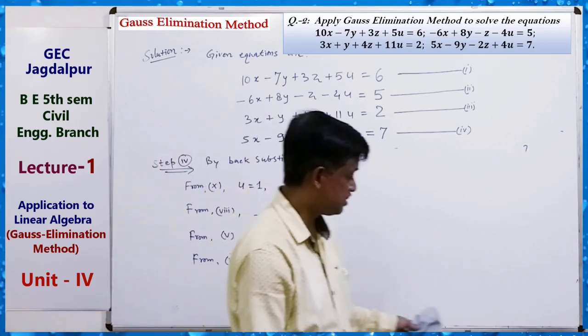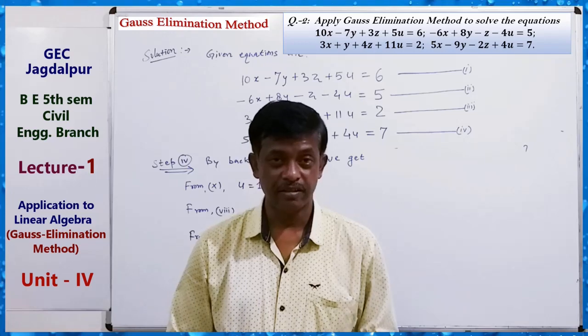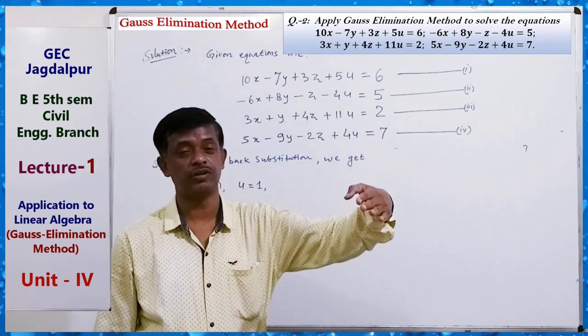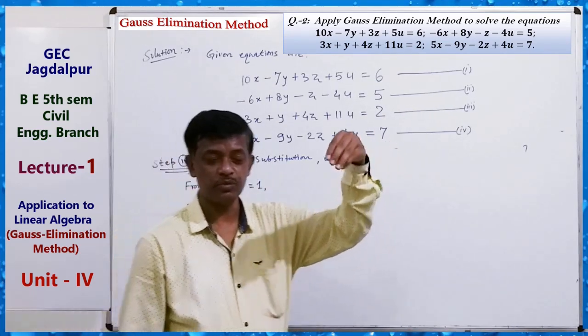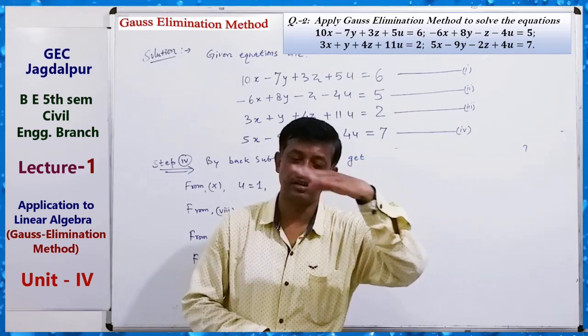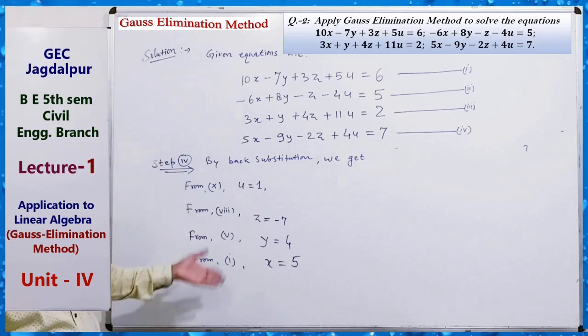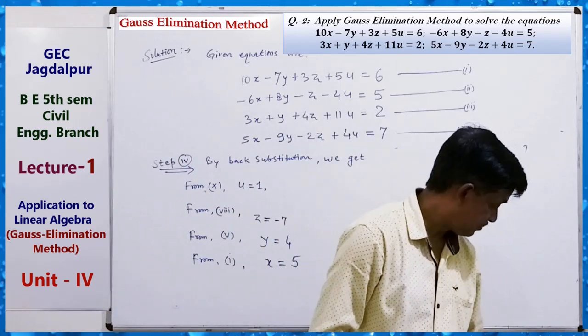So these are the steps of the Gauss elimination method. Very, very important: the main thing is the pivot for each step. By the pivoting element, you have to eliminate the first term of the equations below the pivotal equation. And finally by back substitution you can get the solution.